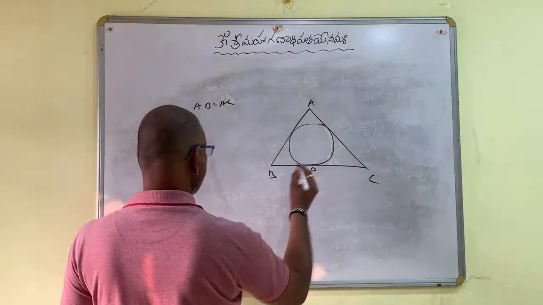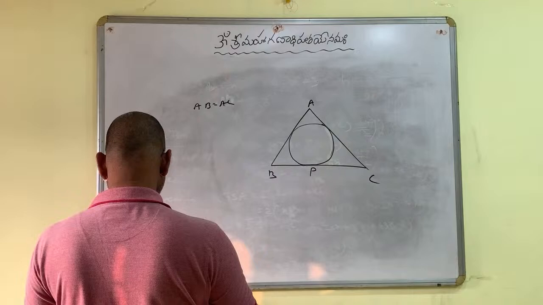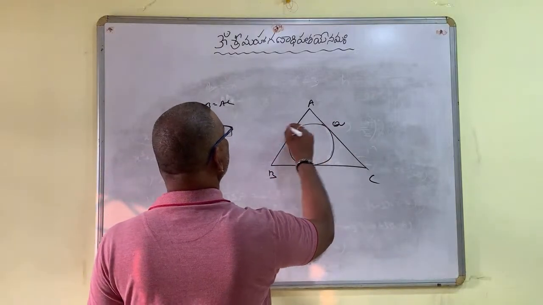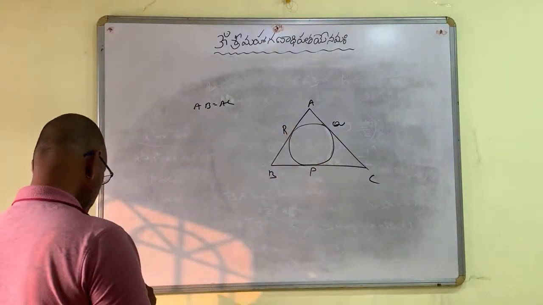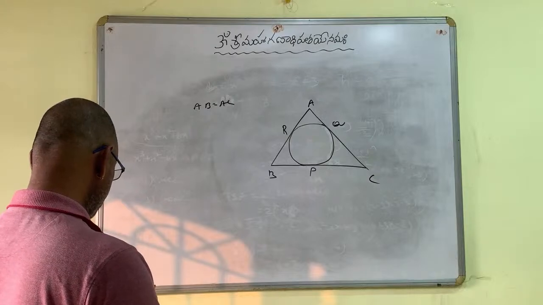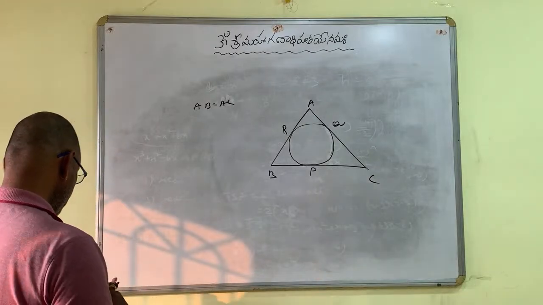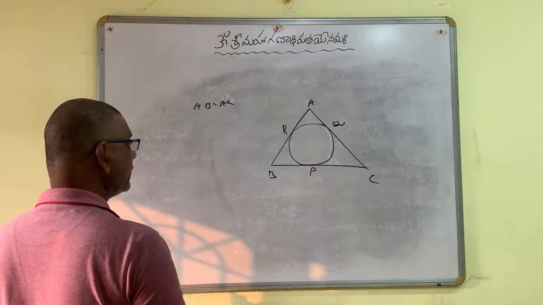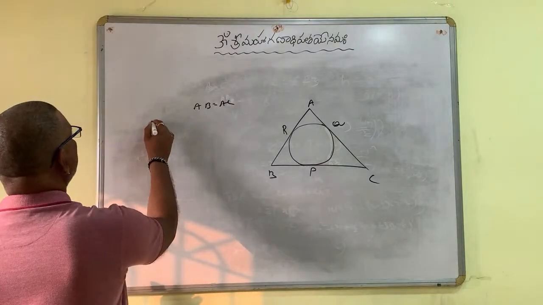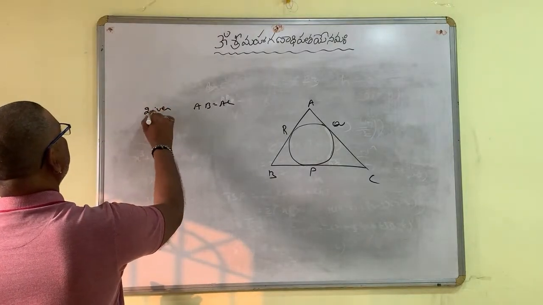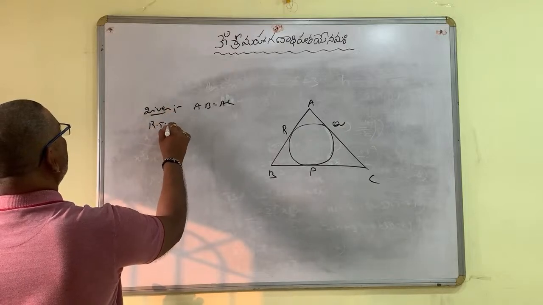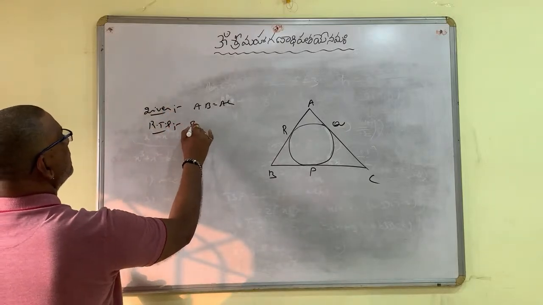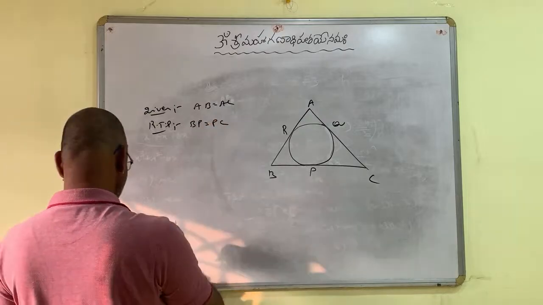BC at P, AC at Q, and this is R. And what we have to prove? The point P bisects BC. Required to prove this is given. Required to prove is BP is equal to PC.